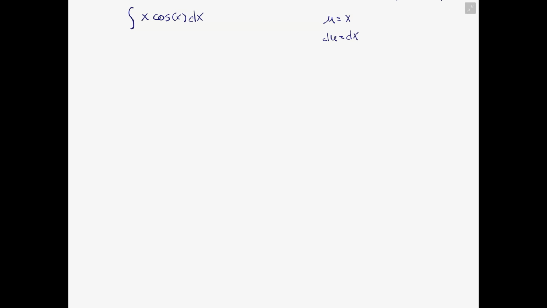So we're going to choose u equals x, du equals dx, v equals sine x, dv equals cos x dx, and so uv is x sine x.